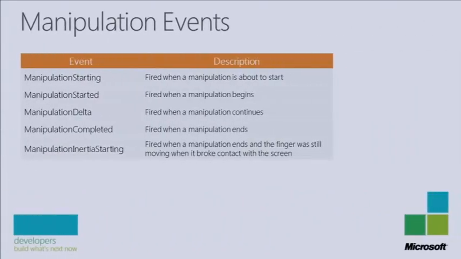But the really cool thing is there is some recognition right there in the system for multi-touch events. Now, if you've ever written multi-touch code for Silverlight or perhaps for WPF, you've probably dealt with manipulation events as well. Certainly, if you've built Windows Phone applications, you've probably dealt with these events. Windows 8 borrows that same model, but it fixes all the things that are broken, especially in Silverlight for Windows Phone.